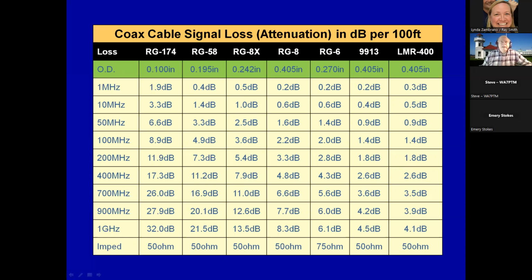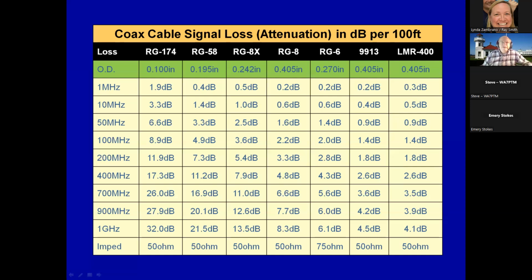That's the second one from the left. And on the far right is a type of coax called LMR 400, which is one you really like to use for VHF, UHF installations at a fixed location. But it's really stiff and thick and hard to work with.